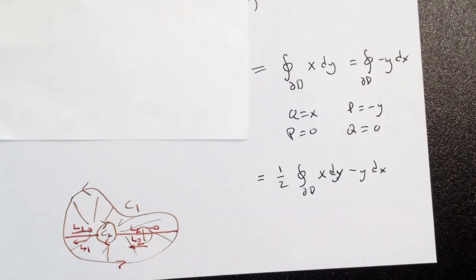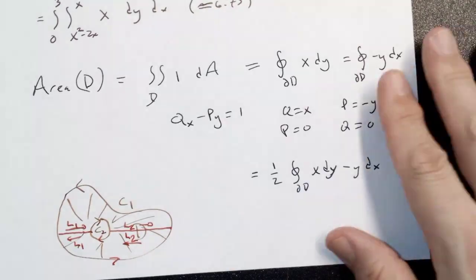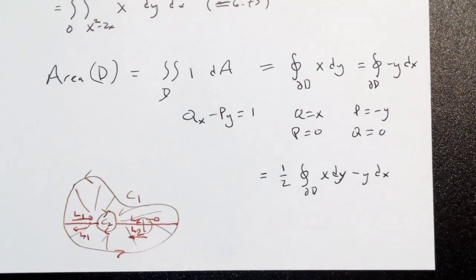Wait a minute. What happens when you go backwards across the same curve? What happens when you go across the curve one way and then across it the opposite way? When I turn my curve around, I get a minus sign, don't I? So going from left to right on line 1 is canceled by going right to left.